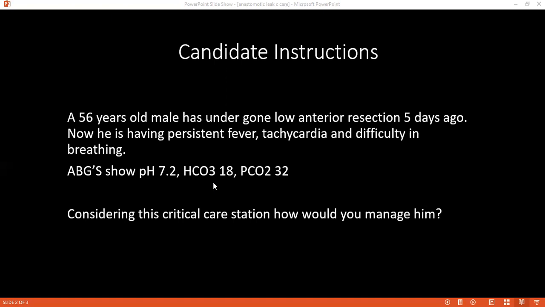Then I will give injection calcium gluconate 10% over 10 minutes to stabilize the cardiac condition, and I will start injection short-acting insulin with 50% glucose within 30 minutes to shift the potassium inside the cell. And if there is still raised potassium, then I have to shift the patient for hemodialysis.